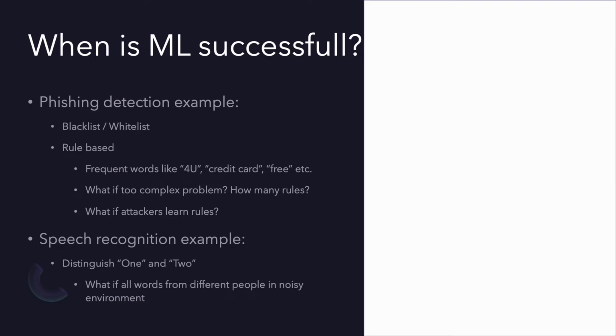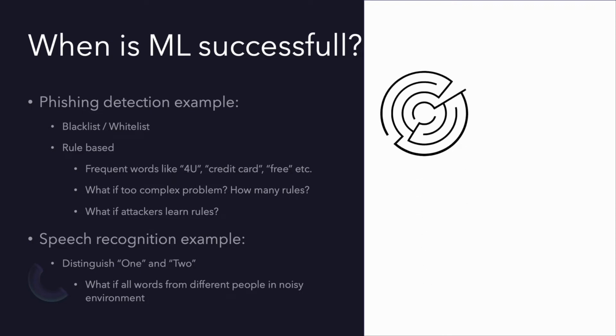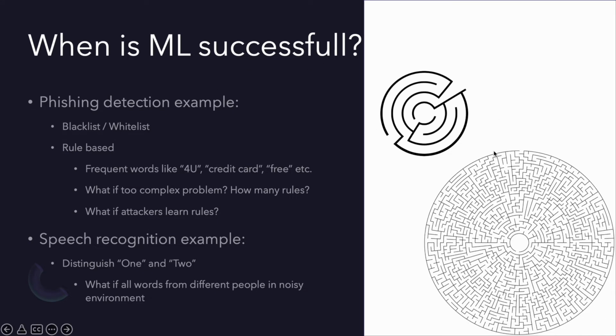However, it is not enough. If the problem is not too complex, maybe you can cover all rules. But if it is too complex, defining all rules will be impossible. And arranging the relations between these rules also makes the problem quite complicated. Also, attackers can notice your rules and change their text or timing, etc. So a better solution is required.